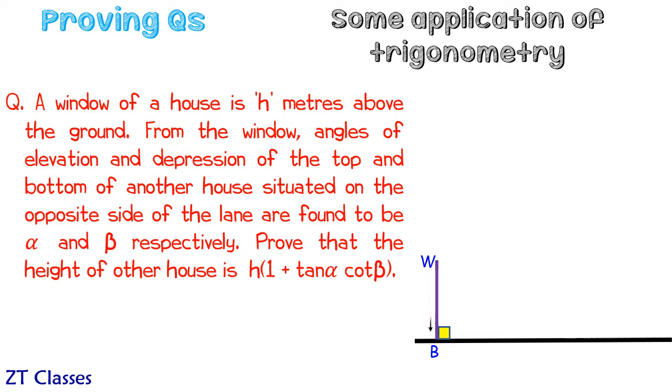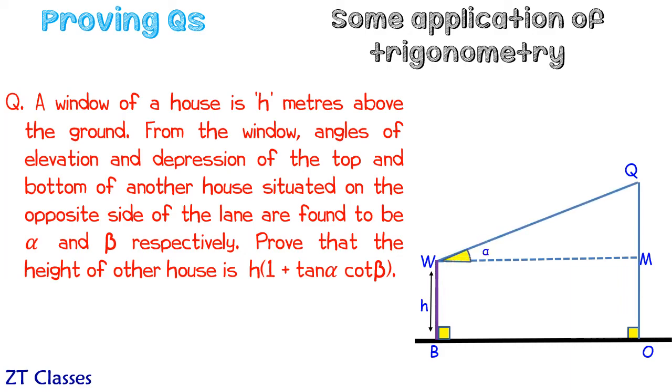So let's draw the other house. So that other house is OQ, and the angle of elevation and depression, for that we need line of sight. So observer is at W, and let's draw the line of sight. From here the angle of elevation is alpha, so this angle is alpha, and angle of depression to the bottom, that's beta.